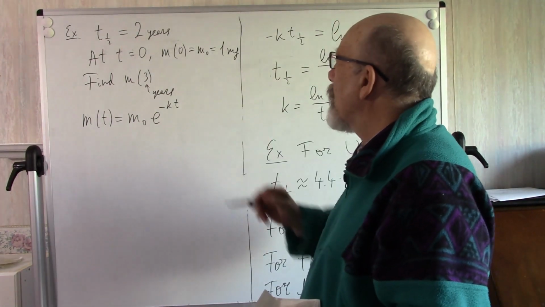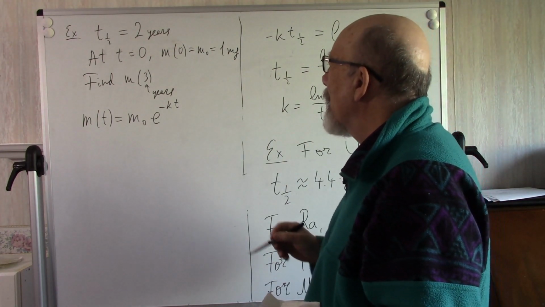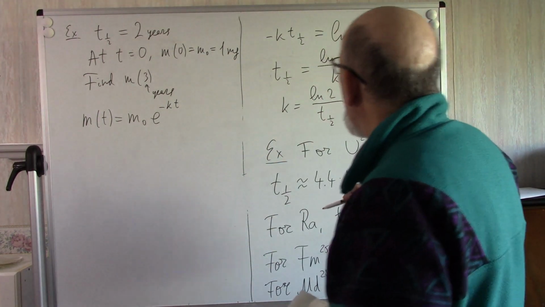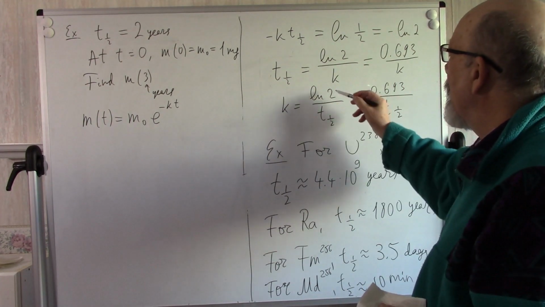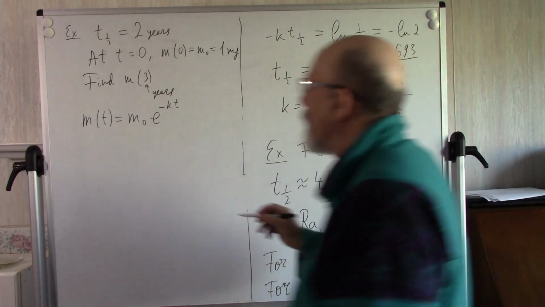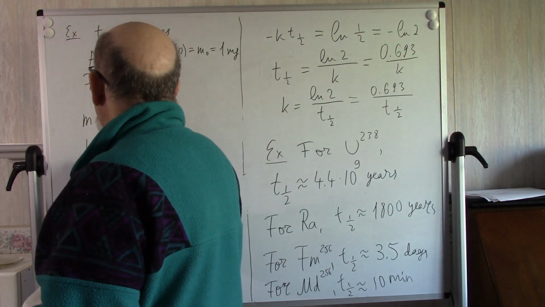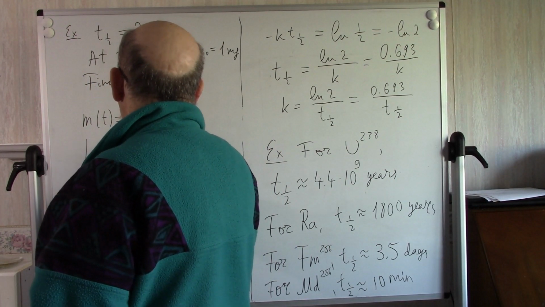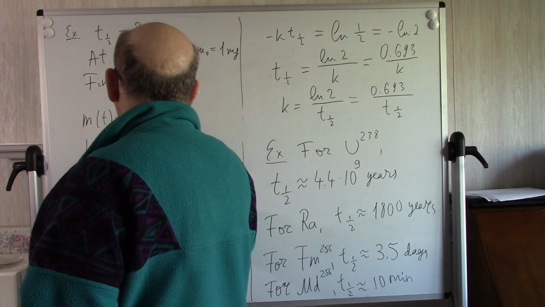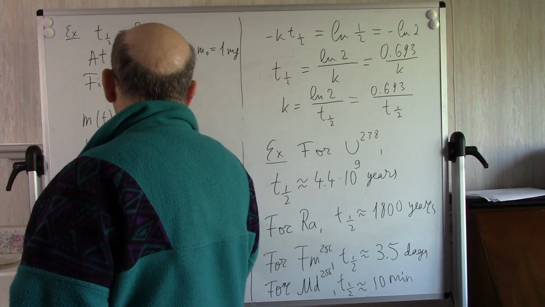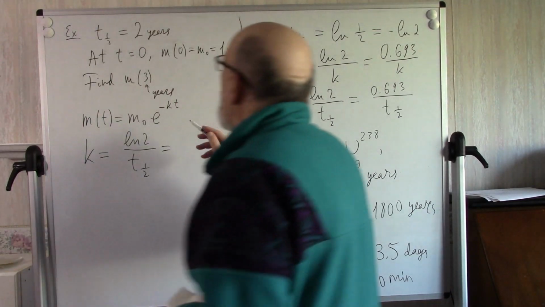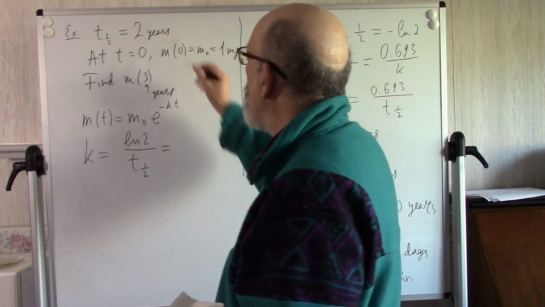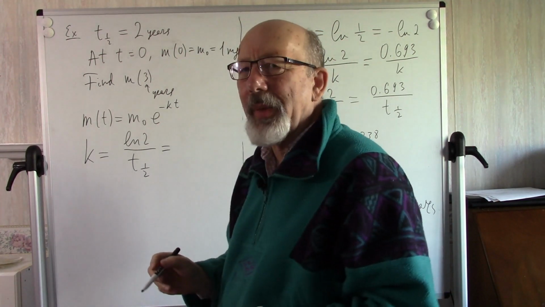M0 is known as 1 milligram. What is k? We have a formula. k is logarithm 2 divided by T 1/2. T 1/2 is 2, if we measure time in years.